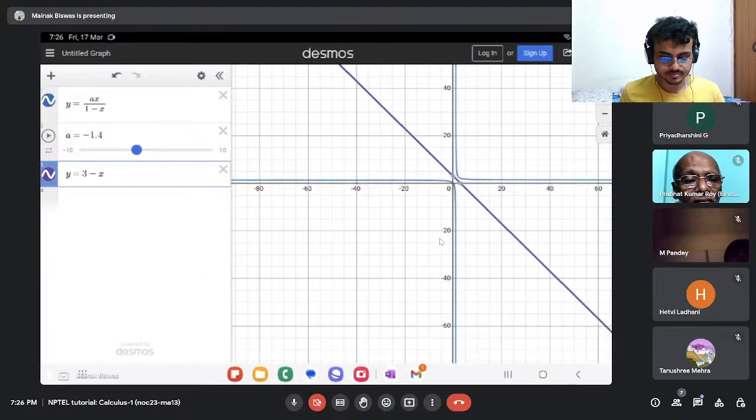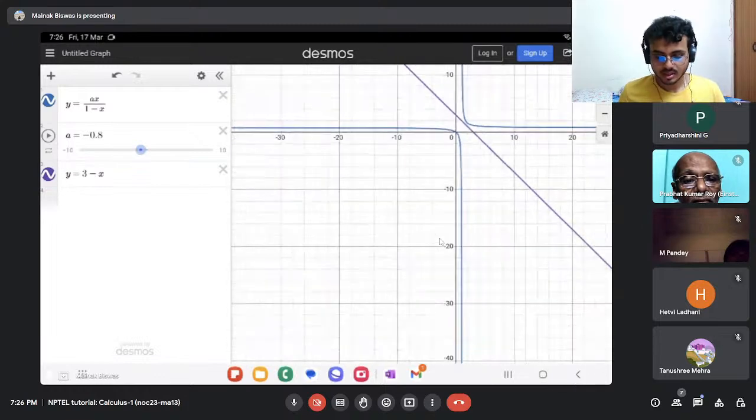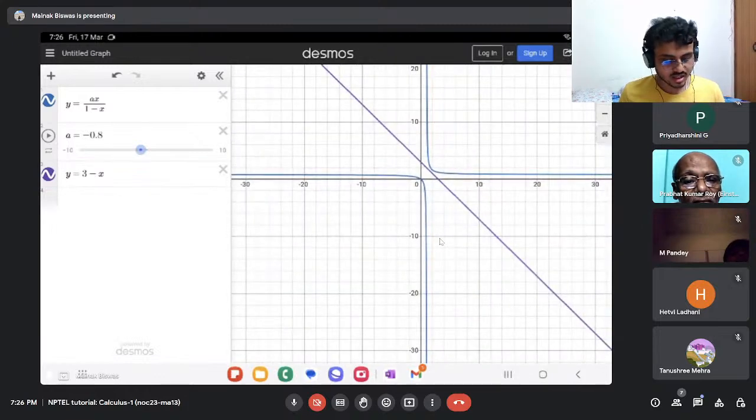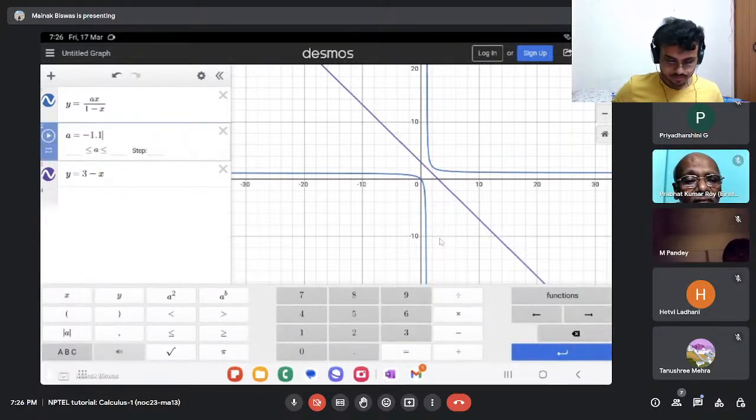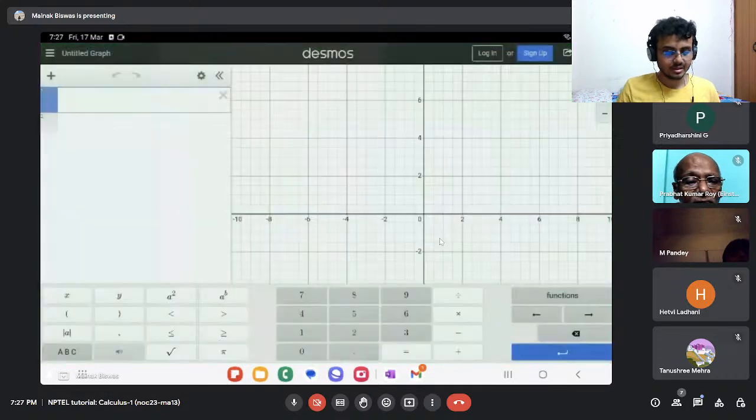How will I do it? So I'm trying to adjust this value. So I'll put this value directly. What was our value? What did we find?